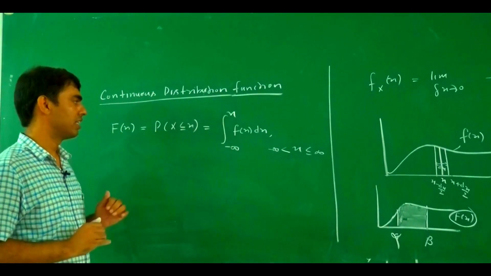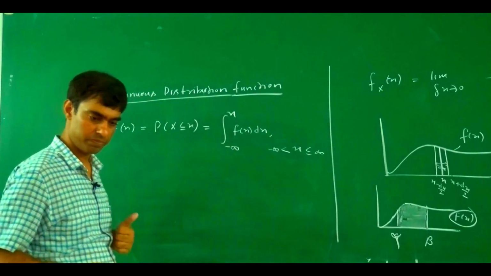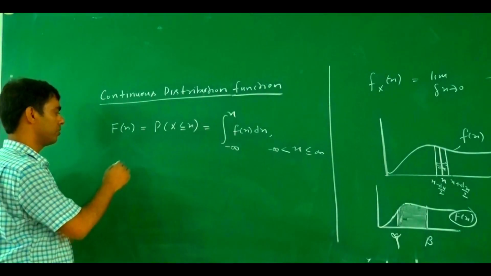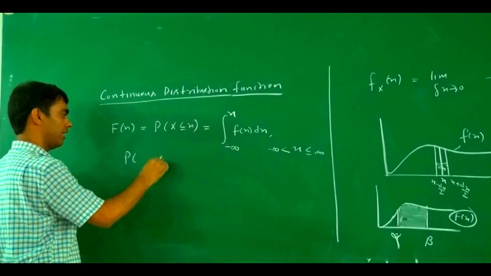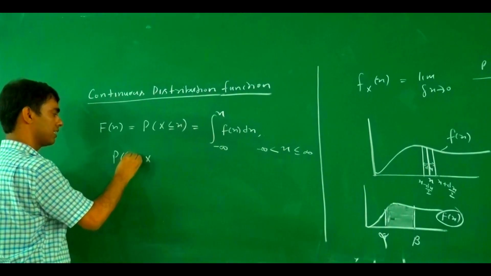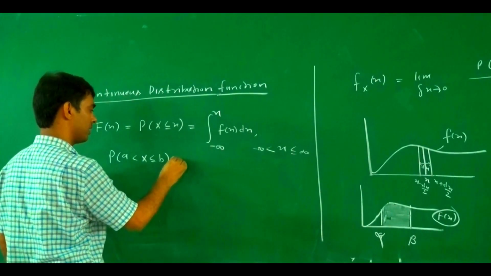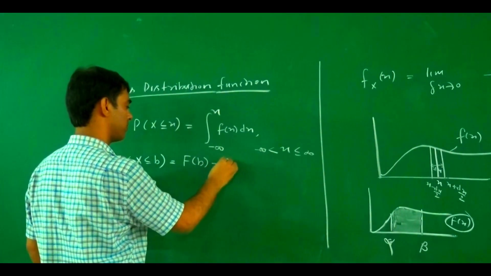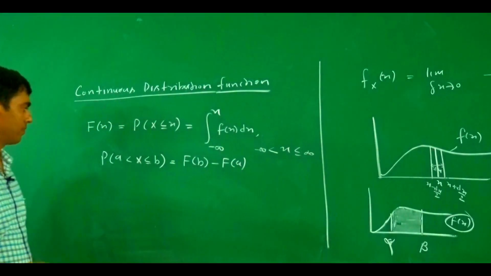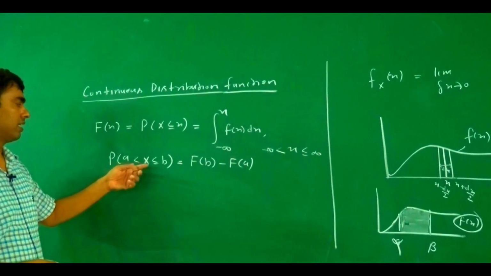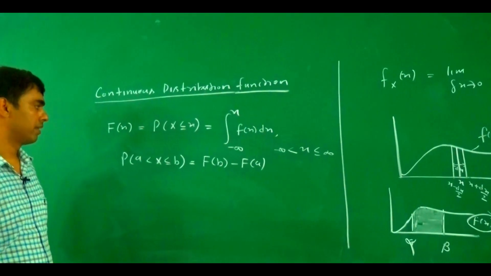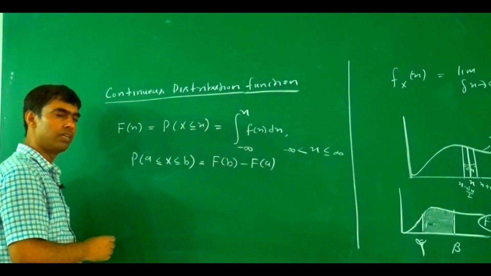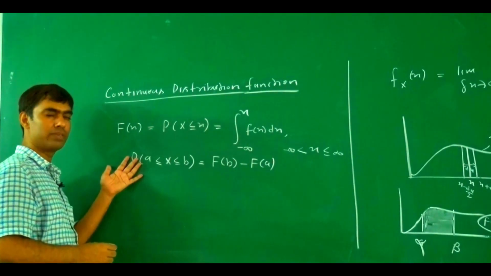As we know, in the case of a continuous distribution function, the probability that X is greater than a and less than or equal to b equals F(b) minus F(a). So the probability that a is less than or equal to x, less than or equal to b, equals F(b) minus F(a).